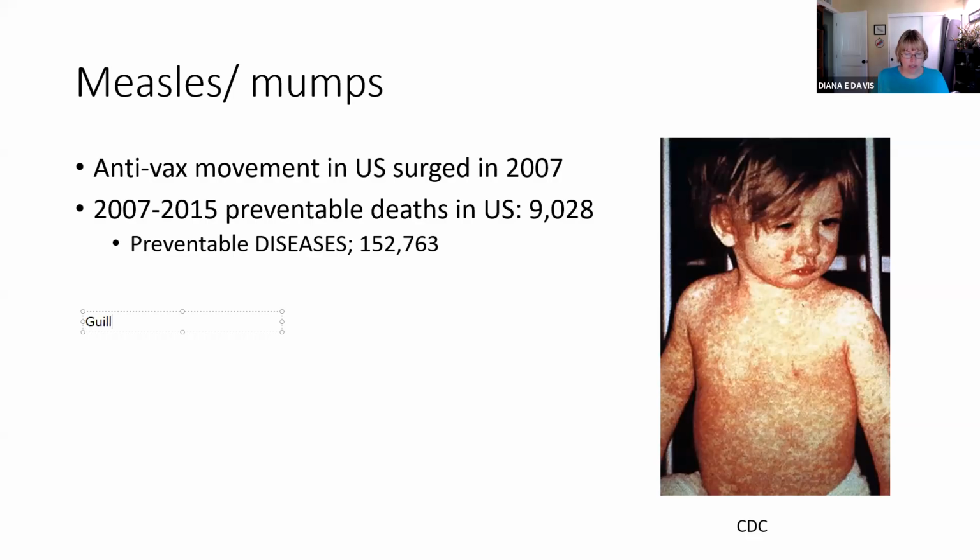There is a condition called Guillain-Barré syndrome that has been associated with vaccines, and there is a small risk with certain vaccines, specifically the meningitis vaccines.